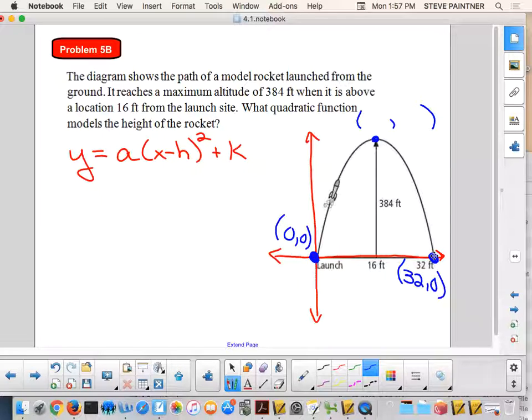What was your vertex? 16, 384, gotcha. So basically your parent slid 16 to the right, 384 up. Casey, how does that sound? Fill it in.